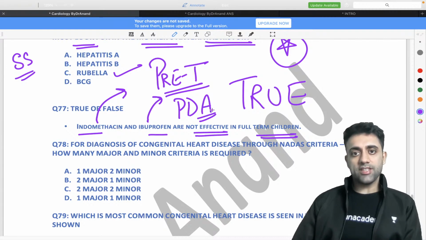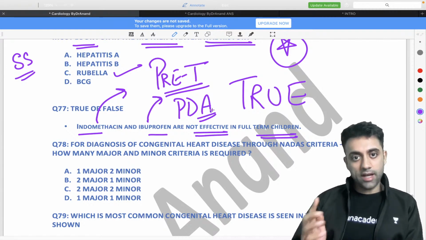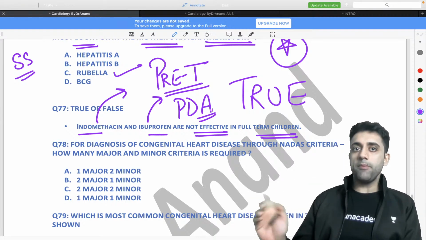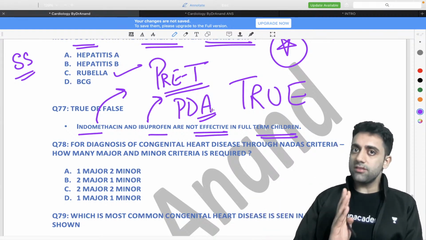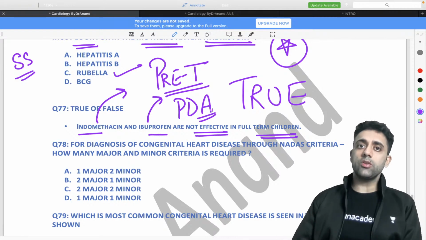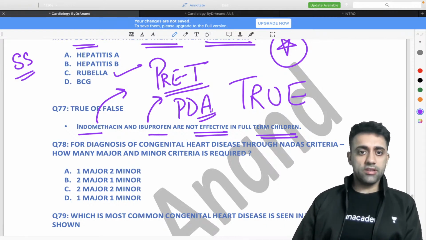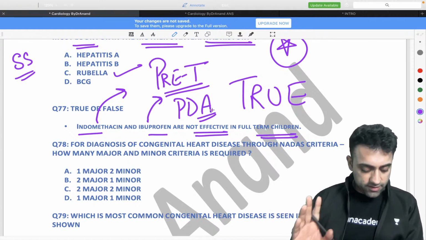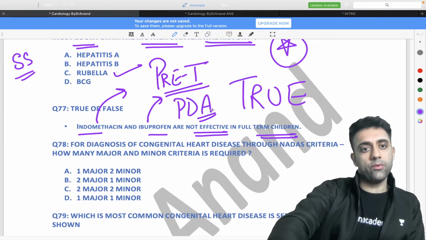Any full-term baby having an open ductus arteriosus is a problem, and I need to do a surgical closure. So indomethacin and ibuprofen are not effective in full-term children. They are effective in preterm children. Exactly, Sandhu is right.